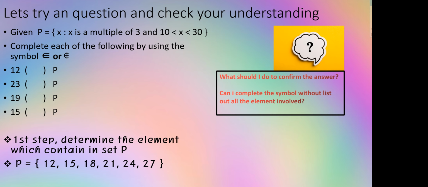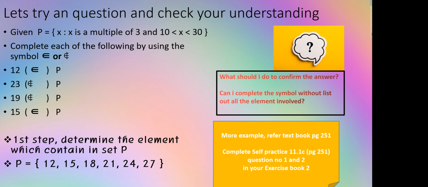Can you identify which symbols you have to fill in the blanks? I think all of you already have the answer. So now I hope you can try the questions in the textbook and then please check your answers from the answer sheet.